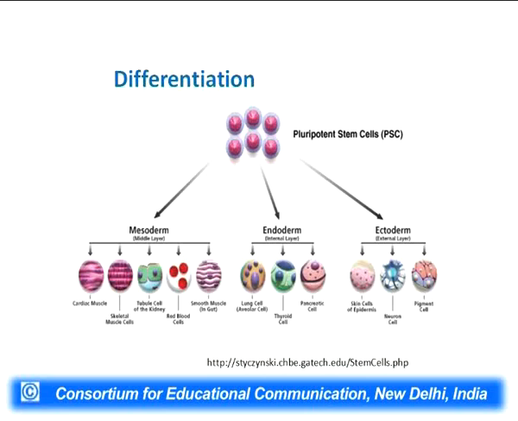So, the meristems or stem cells undergo differentiation. All the stem cells look similar, and by the process of differentiation they can become different types of cells. As shown over here, an animal stem cell can give rise to bone cells, muscle cells, kidney cells, skin cells, and so on.